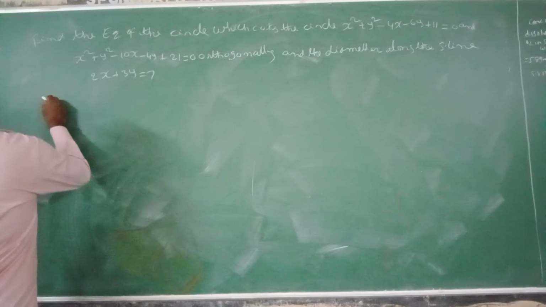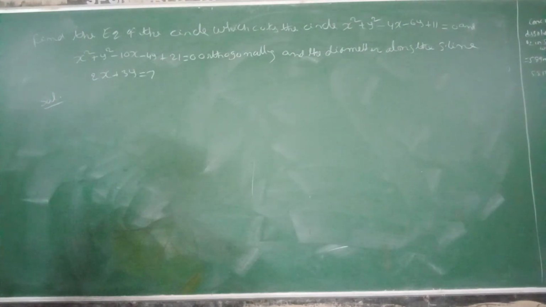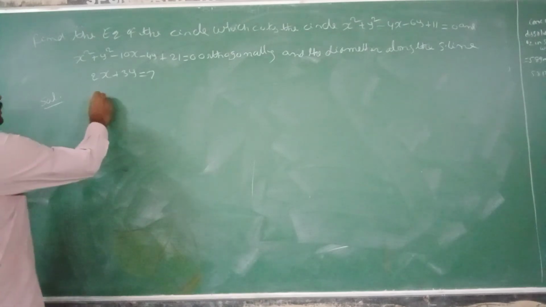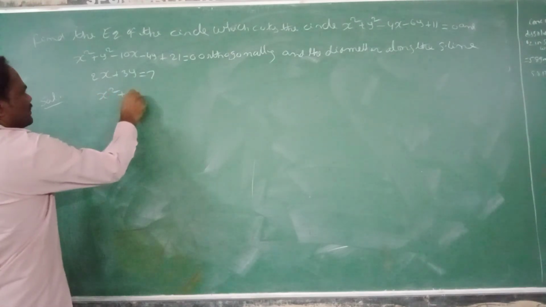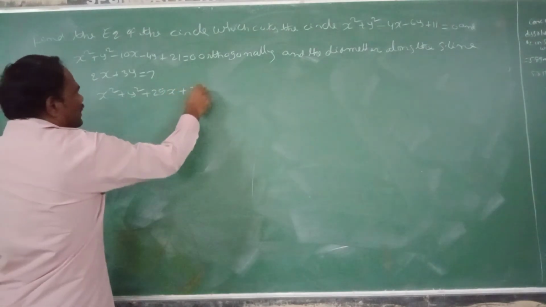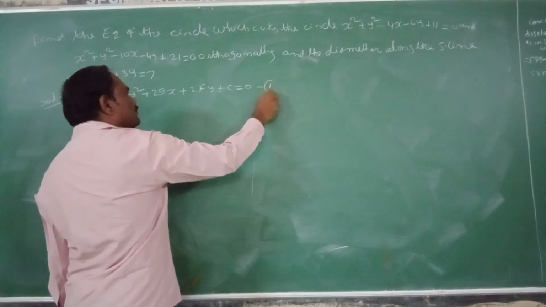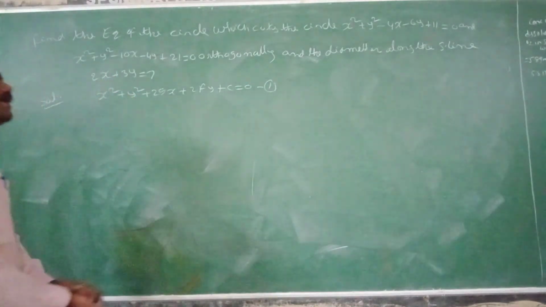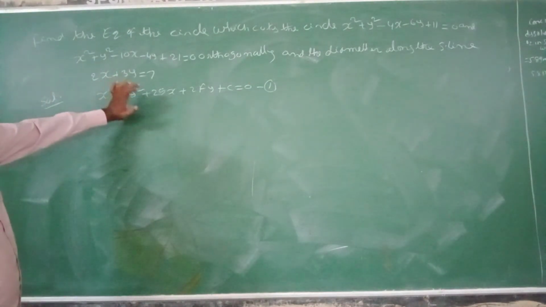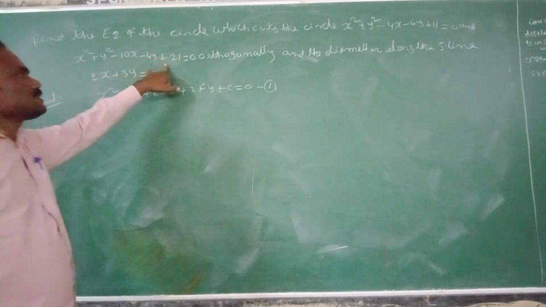So we take the general equation of the circle x squared plus y squared plus 2gx plus 2fy plus c is equal to 0. Given the required circle cuts the given two circles orthogonally.